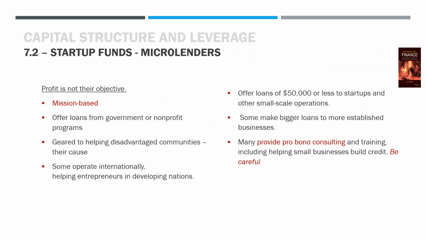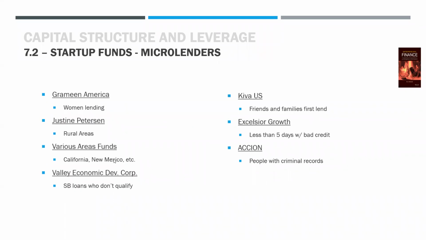They look at helping small businesses that are maybe underrepresented, such as women, such as minorities, or people who don't qualify for other loans, with criminal records or bad credit. These companies will actually fund you when possibly no one else might.